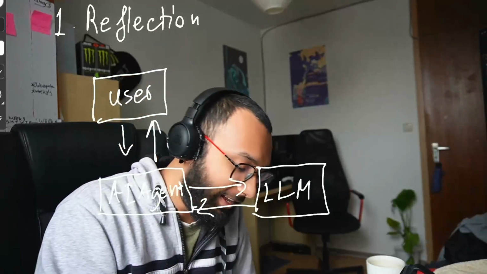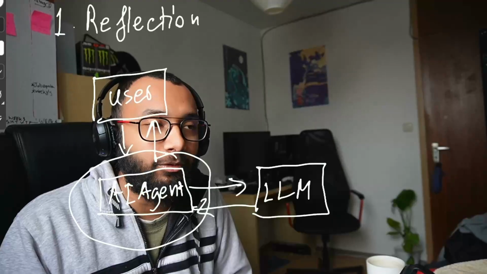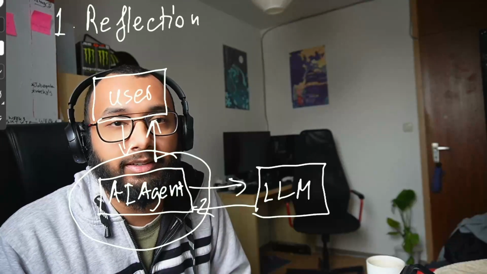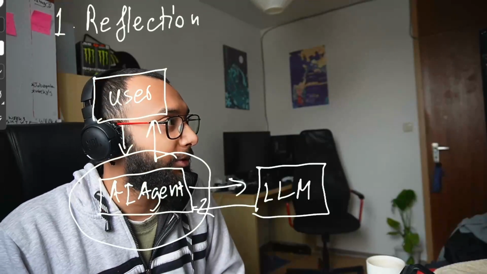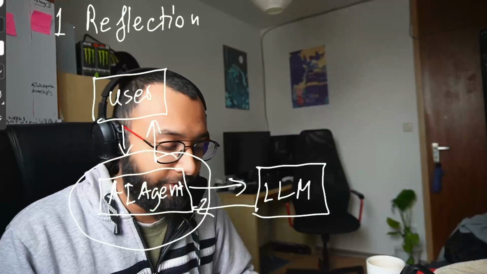This part is actually unnecessary, but you can consider it a very basic type of agent which does not do anything other than speak out what the LLM is responding. This is one of the design patterns, called the reflection pattern.